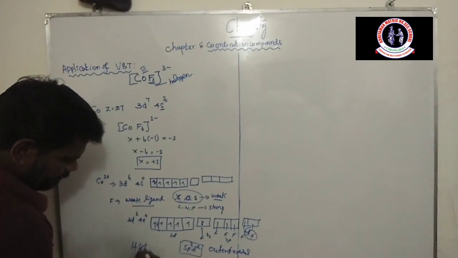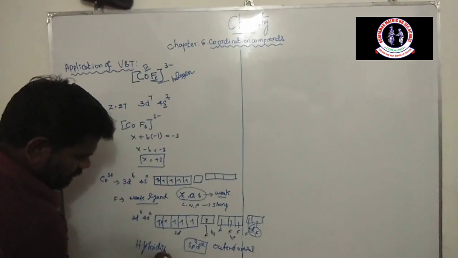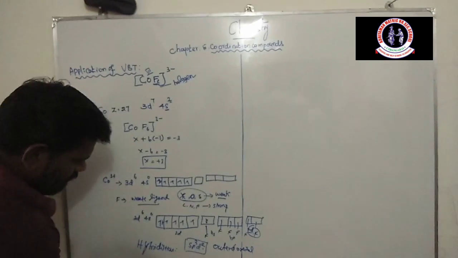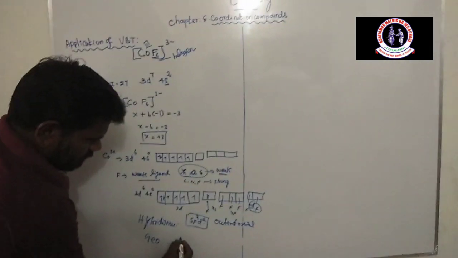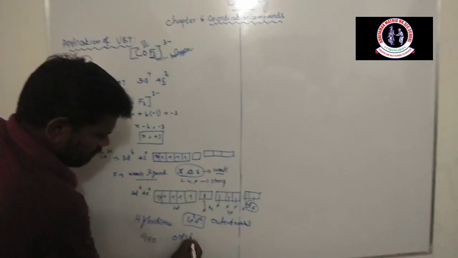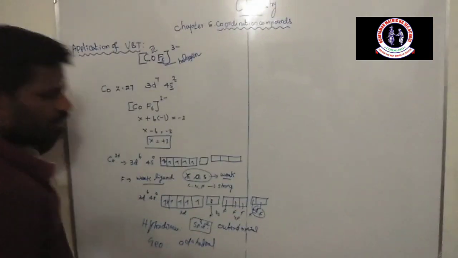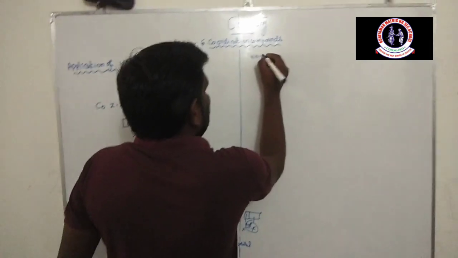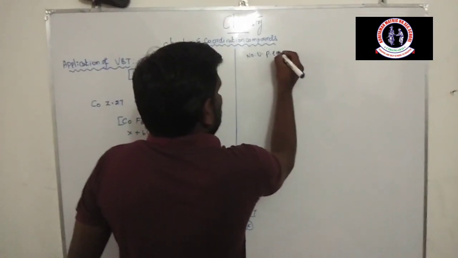The hybridization is sp3d2. The geometry is an octahedral complex.